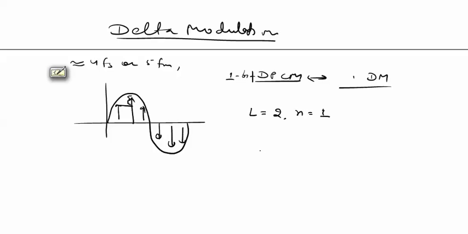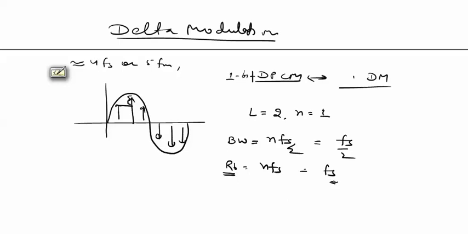This is on the cost of oversampling. The bandwidth required is reduced, because the formula for bandwidth is n fs by 2 and the formula for bitrate is n fs. Here the value of n is 1, so bitrate is fs.